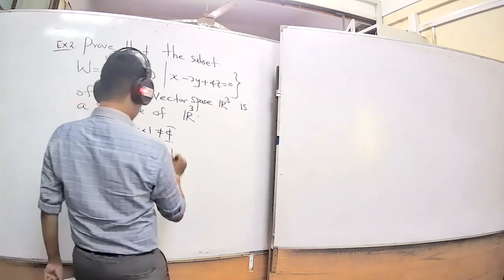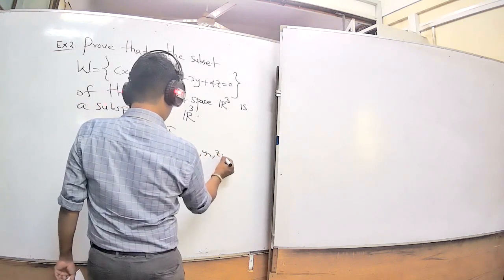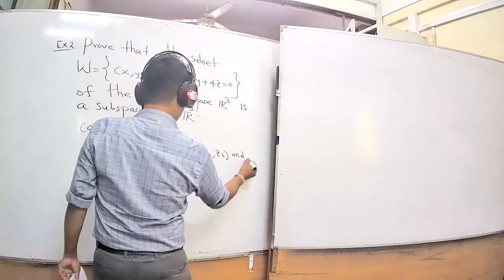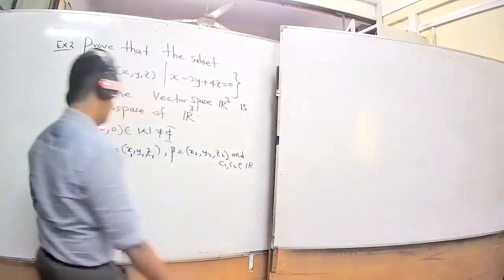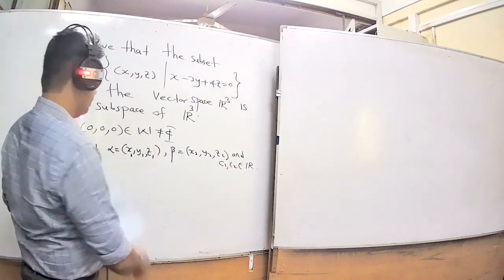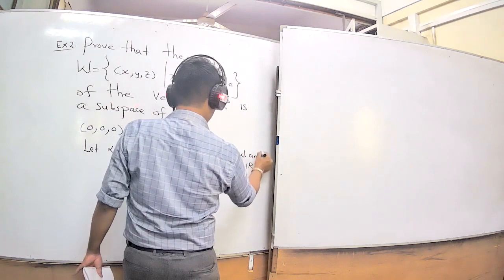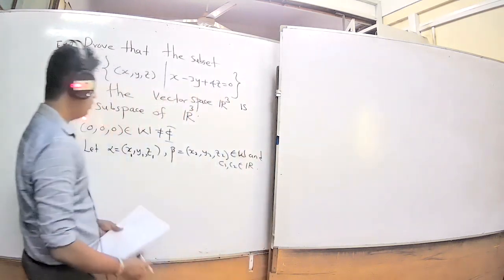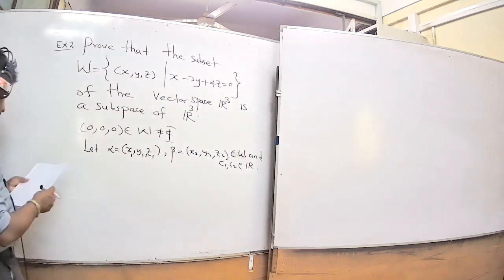Similarly, beta equal x2, y2, z2. And you take two scalars c1 comma c2 belonging to the reals. Alpha comma beta belong to W, which means they satisfy this condition, right?